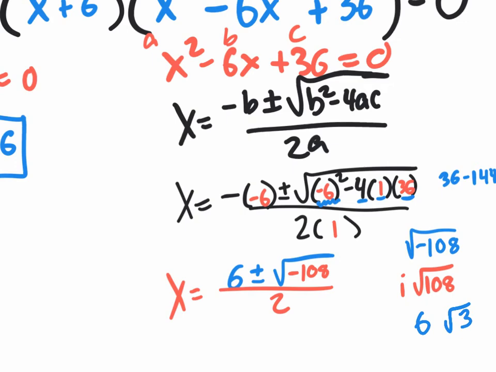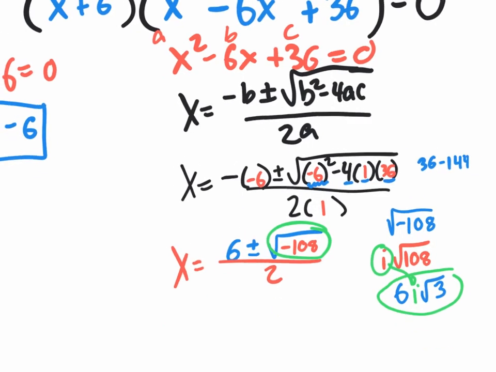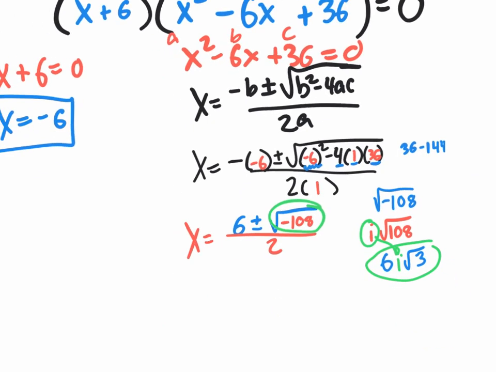Now that i, you're just going to put it right behind the 6. So 6i square root of 3. So this is really the square root of negative 108. So let's now replace it. So we have x equals 6 plus or minus 6i square root of 3, all divided by 2.